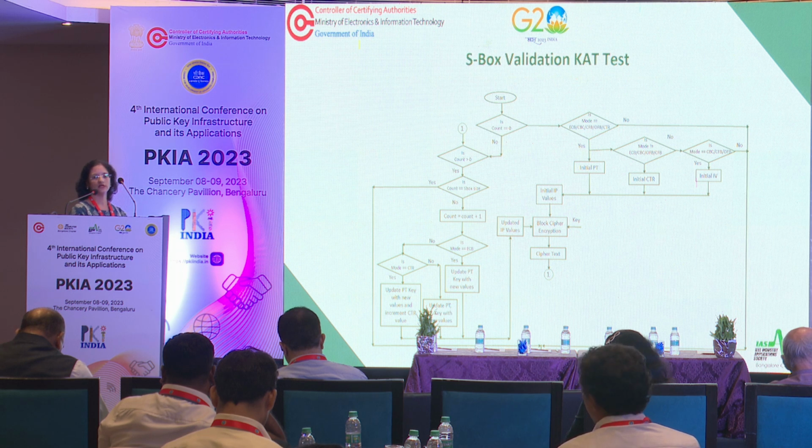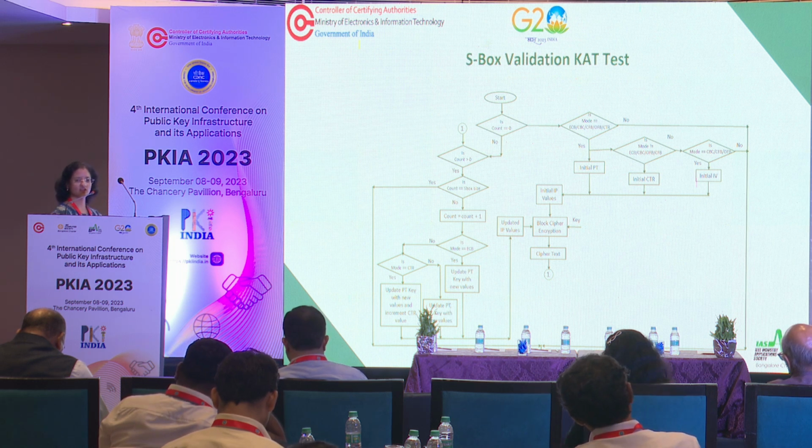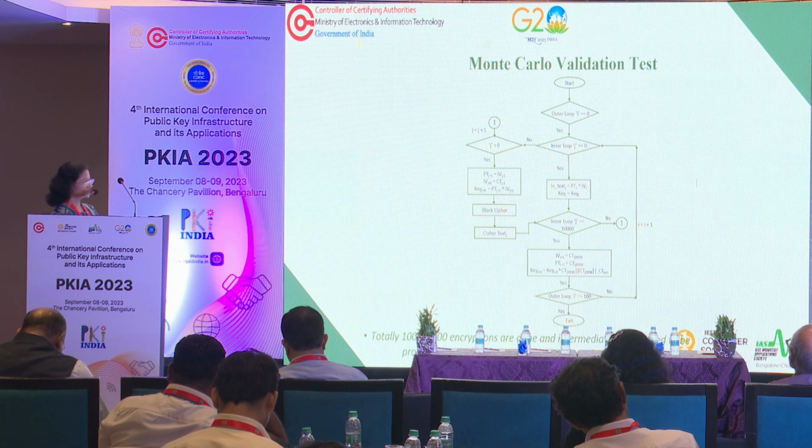If the block cipher is 64-bit, the S-box consists of 16 entries, so we have 16 test vectors in the request and response files. And if the block cipher is 128-bit, the S-box consists of 256 entries, so we have taken 256 test vectors.